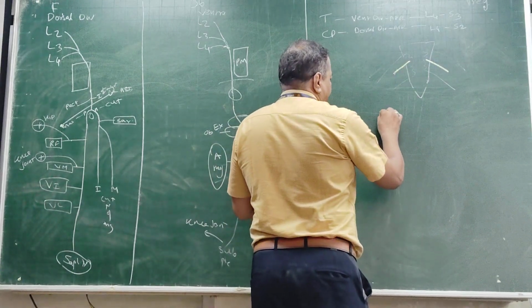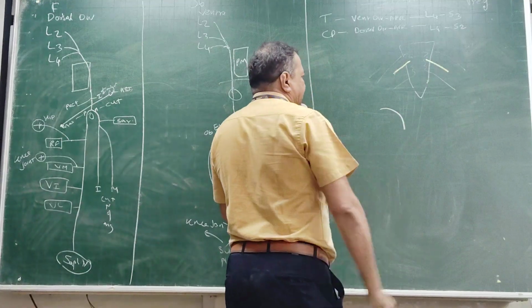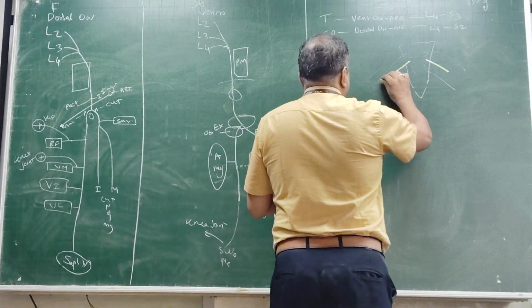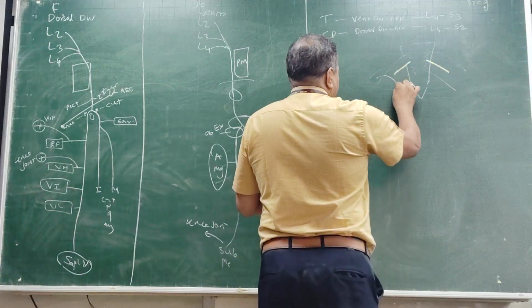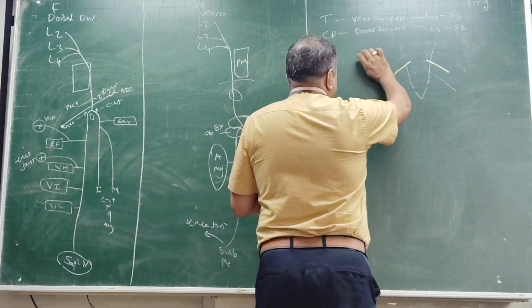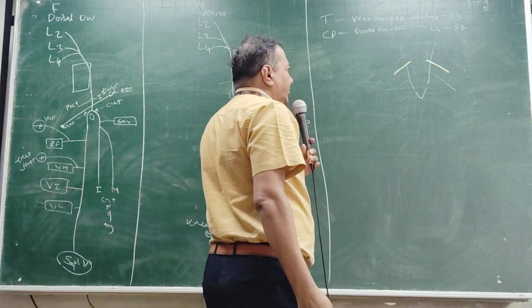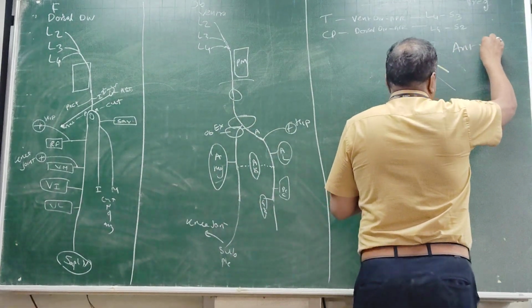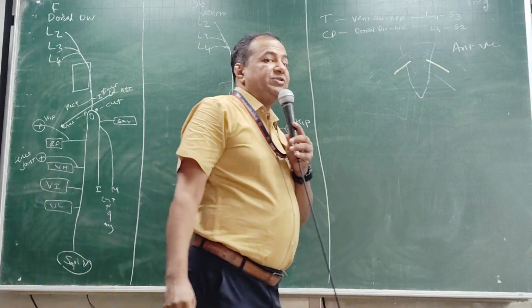And when you look from the greater sciatic notch aspect, there will be the greater sciatic notch and this piriformis. Now this is the anterior view. Now let's look at a posterior view.